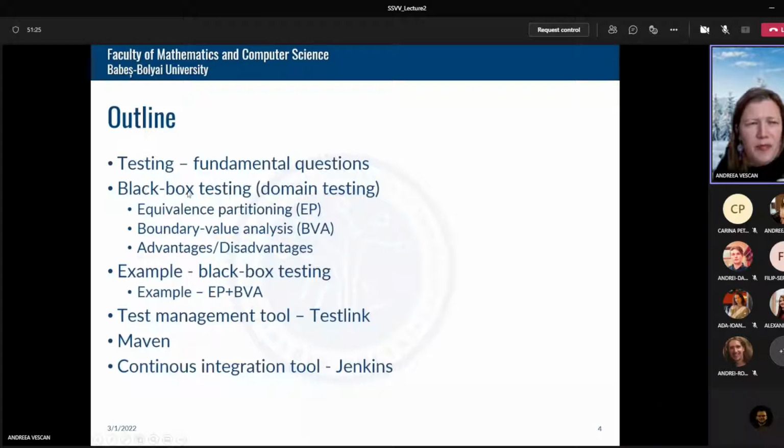This black box testing is more like an approach that you can use for unit testing or system testing in general, also integration. We're going to use today equivalence partitioning and boundary value analysis. We also talk about advantages and disadvantages and see an example of how to apply equivalence partitioning and boundary value analysis.